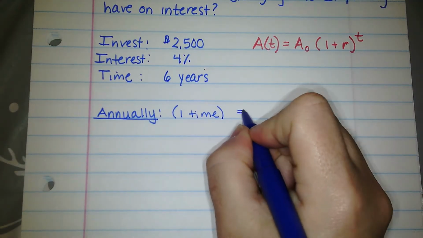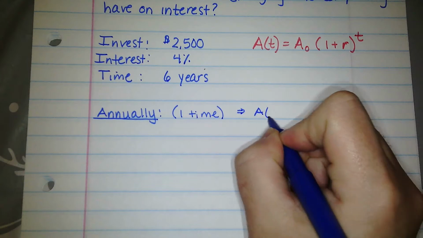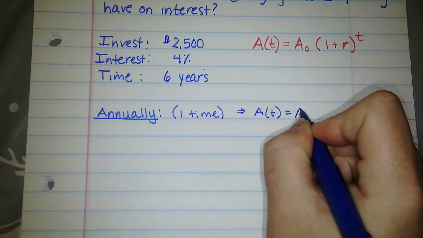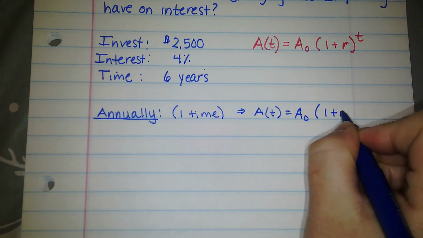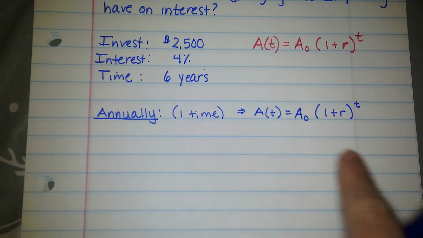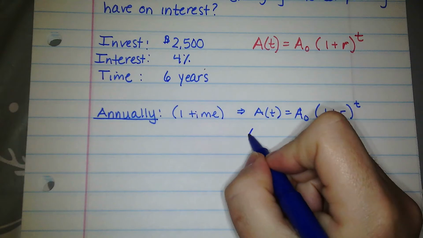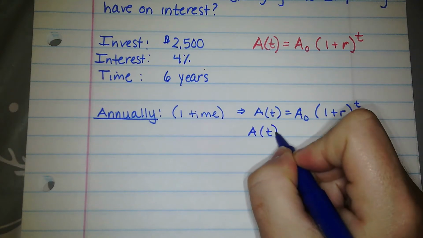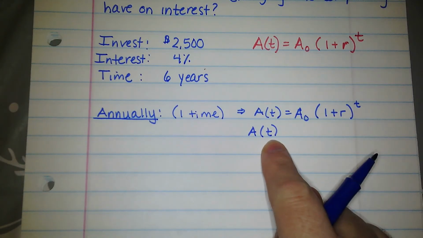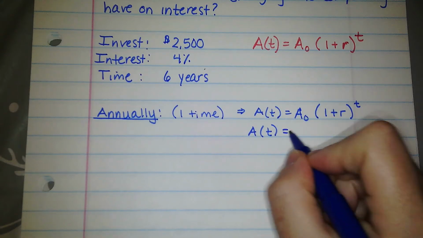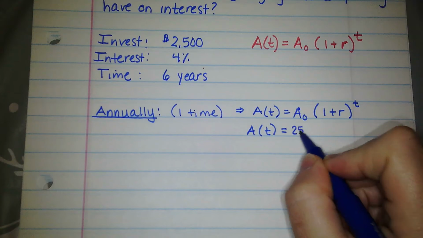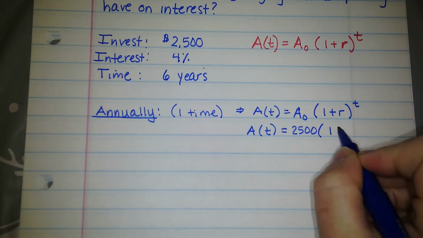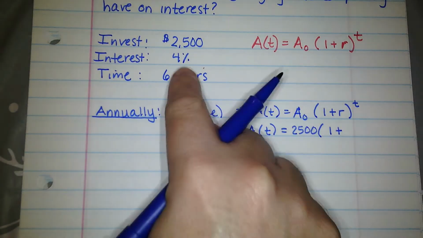So what we would do is we would just take A of t equals A naught (1 plus r) to the t. And we're just going to fill in the information. We're trying to figure out how much our amount is going to be in the amount of time that they say. A naught is our initial investment. That's our $2,500. 1 plus our rate is 4.